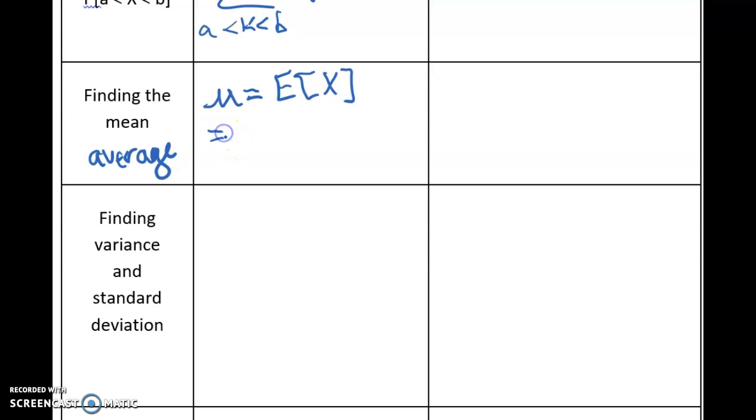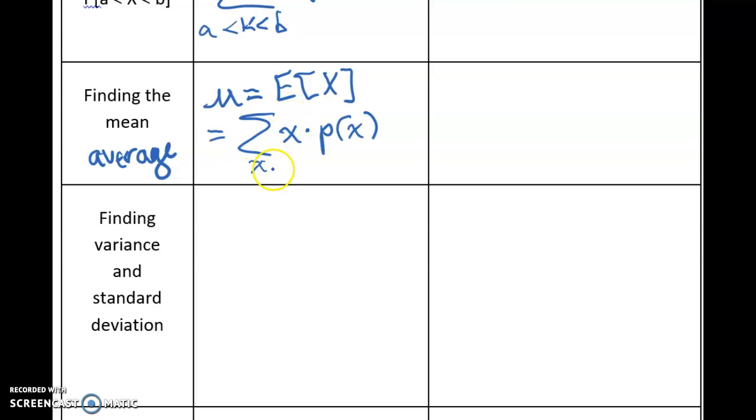The way you're going to get this is by taking X times the probability of X and add them all up. And that's going to be over all values of X. So notice I'm not going to write from X equals something to something like you were used to in calculus or in other math classes where you use the summation symbol.